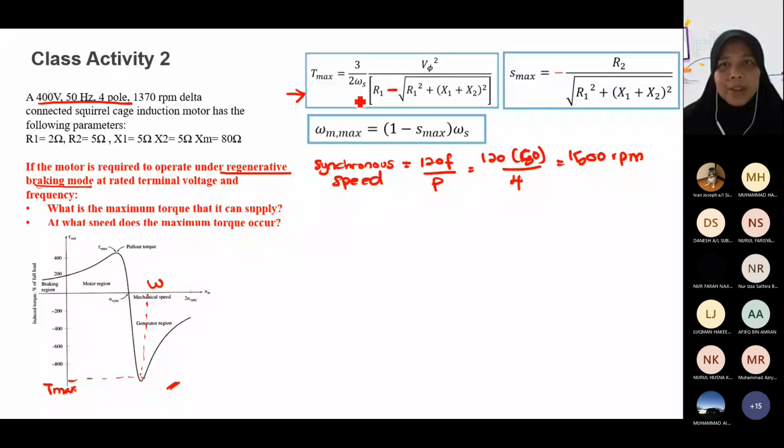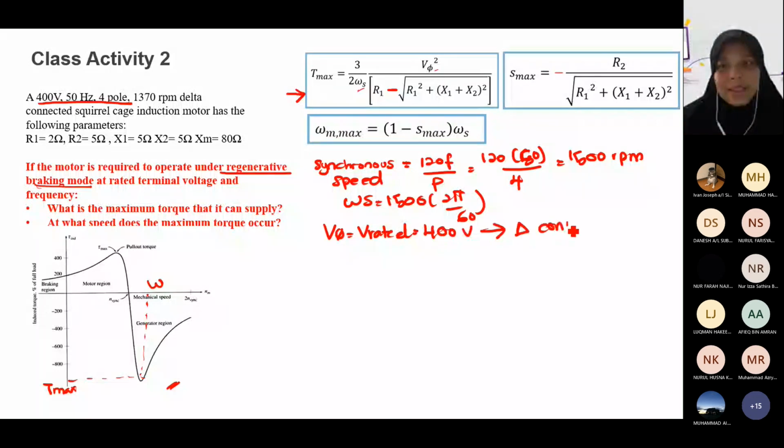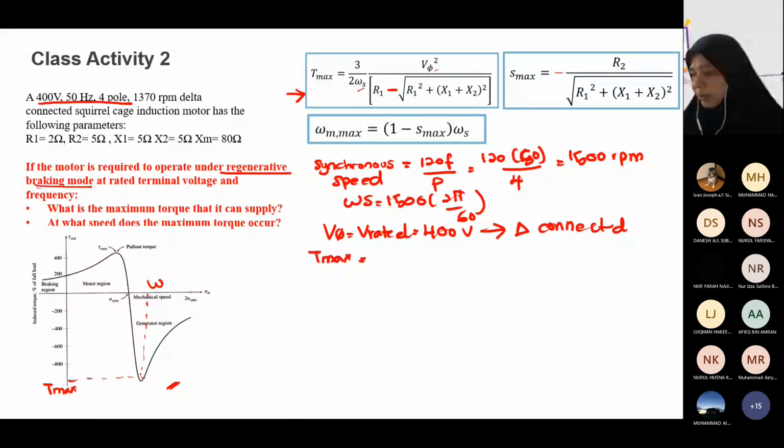Ini dah synchronous speed, you kena change to radian per second. To calculate, you ada V phase dah ke? So V phase will be equal to V rated lah. Ya? Betul. 400 volt because it is delta connected. Okay, now put all the values in this equation and please calculate for T max. Boleh tak buat sekarang? Kita ada beberapa minit lagi ni.